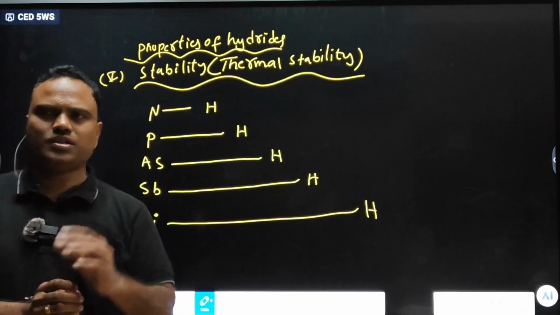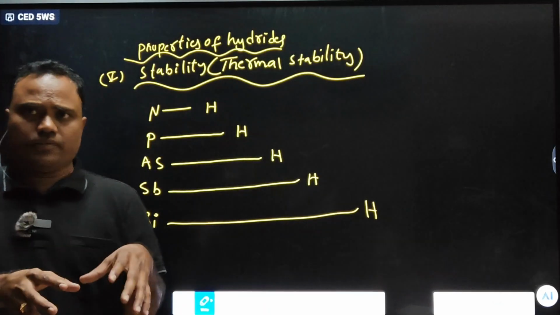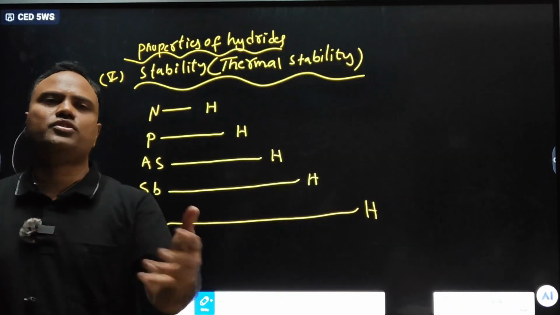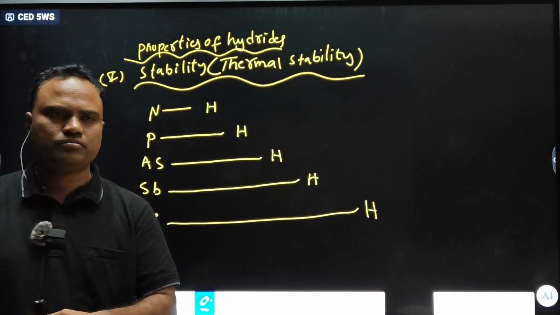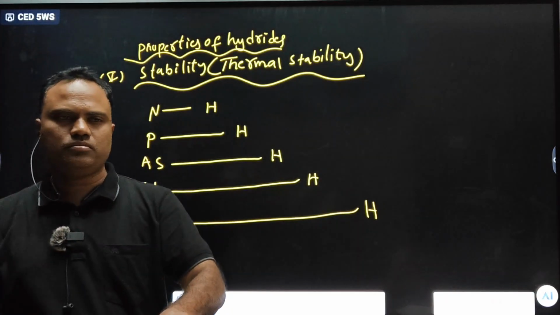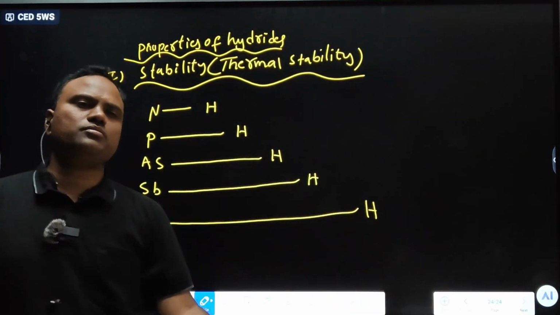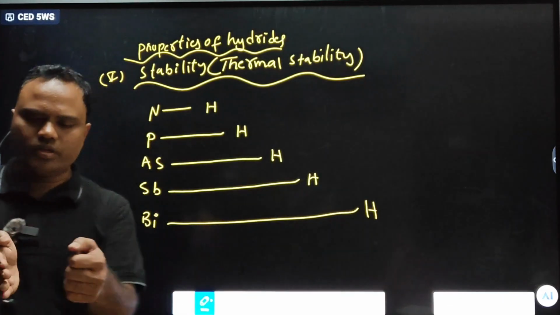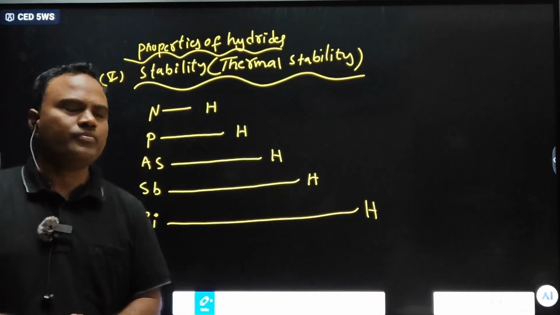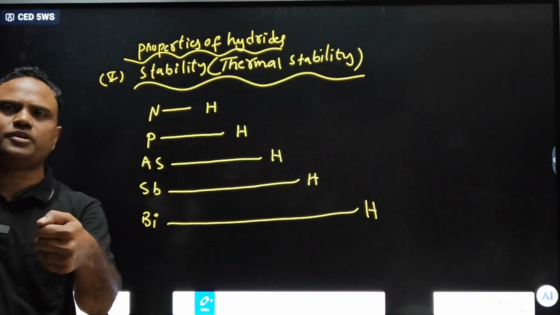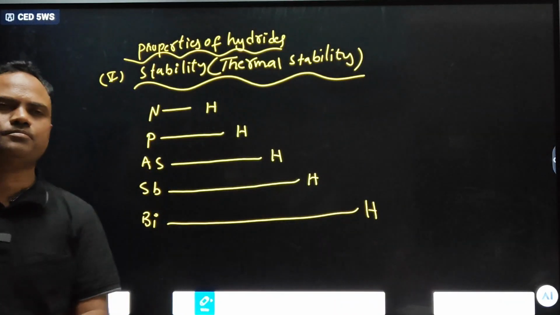One general example: you and your friend are staying in a single room, then affection is more between you. Instead if you stay in one room and your friend stays in another room, then bond will break slowly, affection will decrease. When you are close together, affection is more. Similarly, if two atoms are close together, attraction force is more between them, then you cannot break easily.